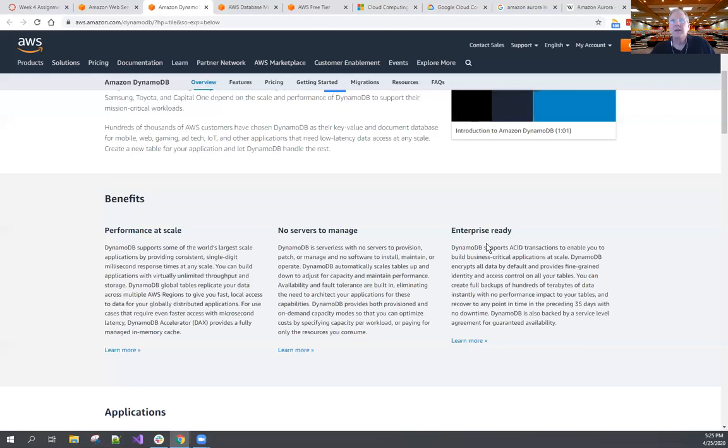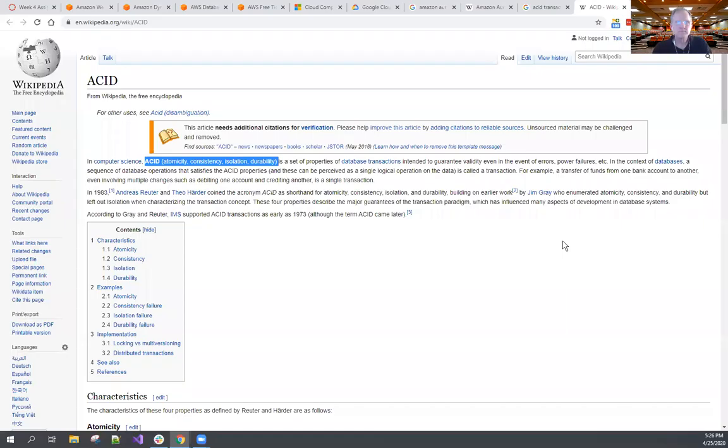Now here is interesting because these are ACID transactions. ACID means atomicity, consistency, isolation, durability.